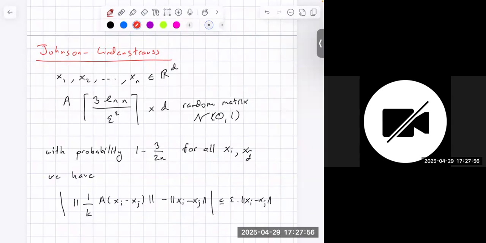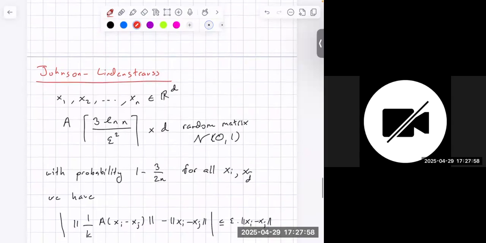Now, before we do anything, I created a matrix. Suppose this is K by D. I'm going to take that A and multiply it with one of my data points, say A times X1. X1 was living in R^D already, right?